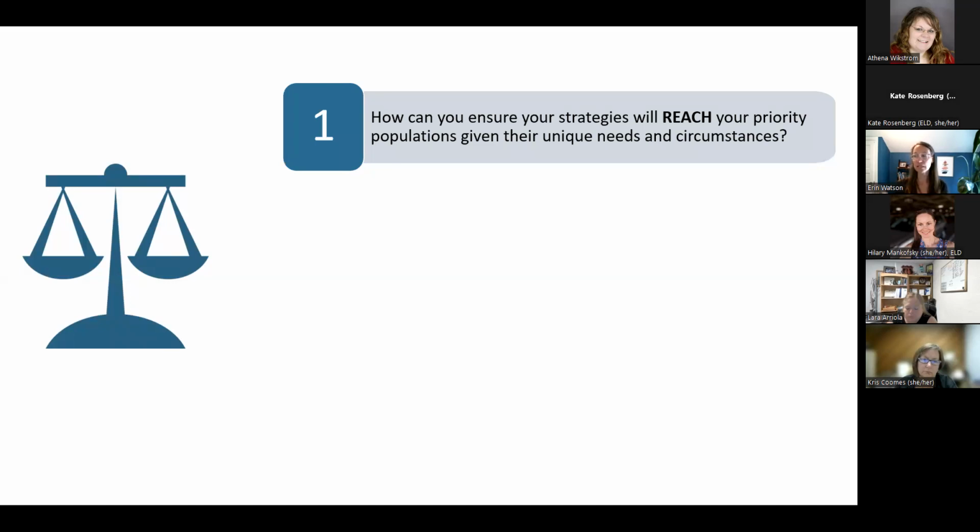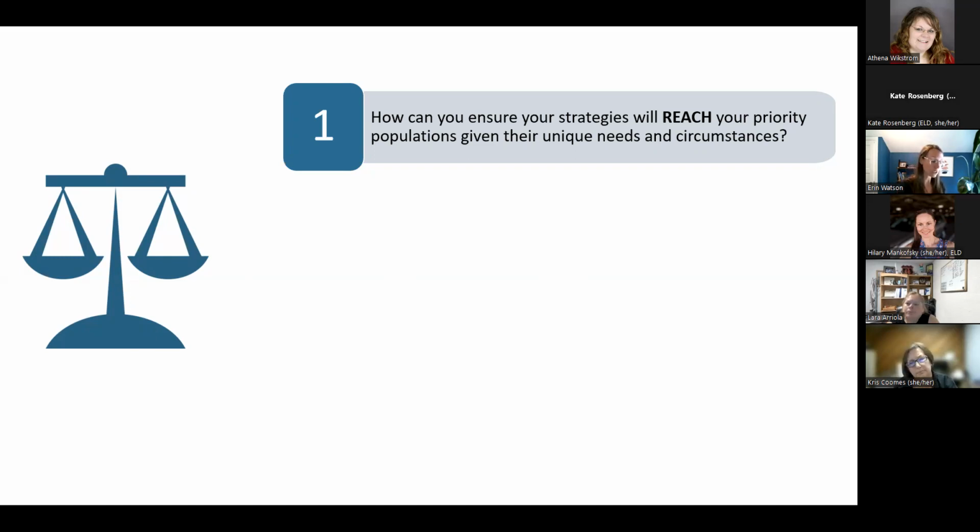Now note, this doesn't necessarily need to be programs reaching families. It could also be some of the changes that you're making. Are they going to affect the types of settings that will reach families?